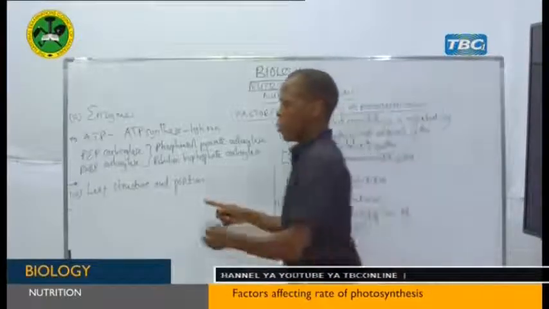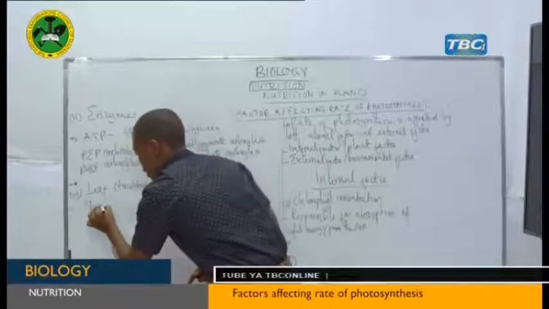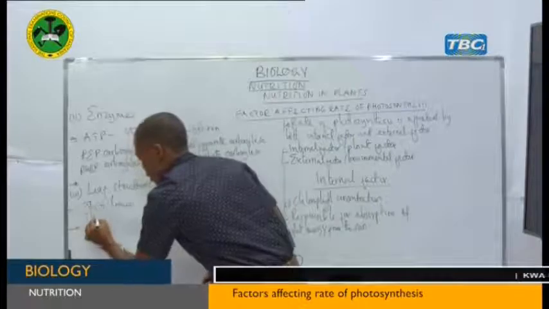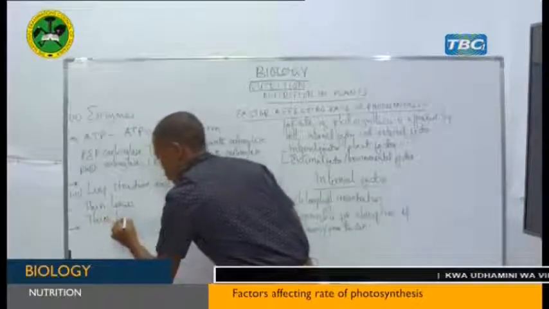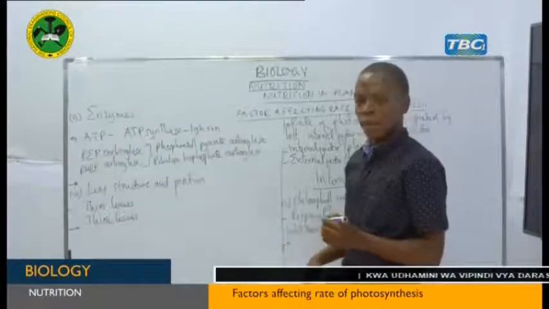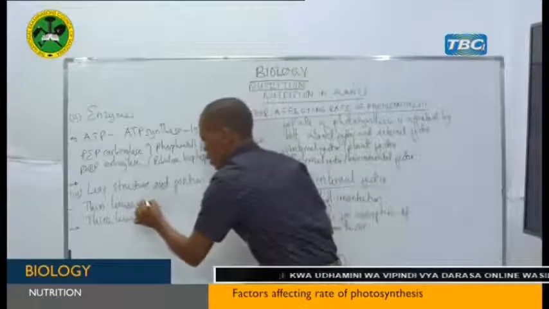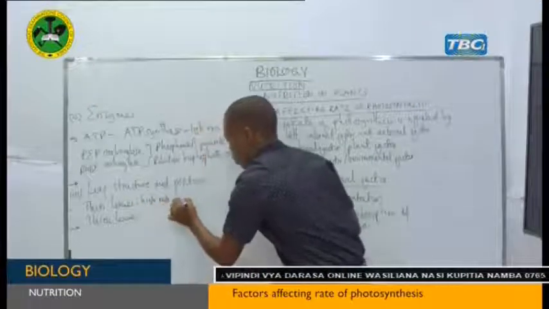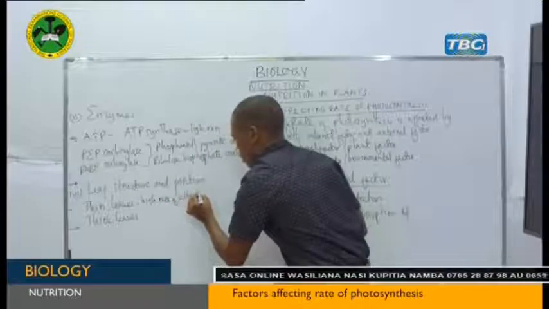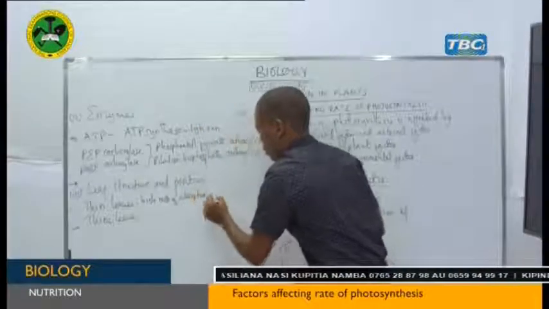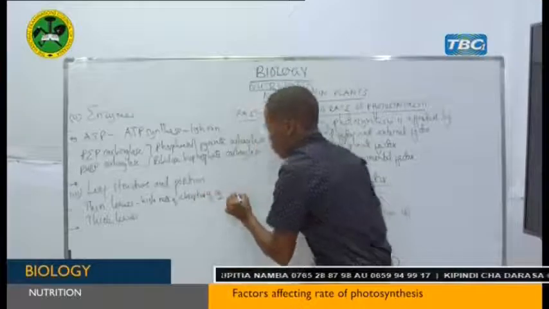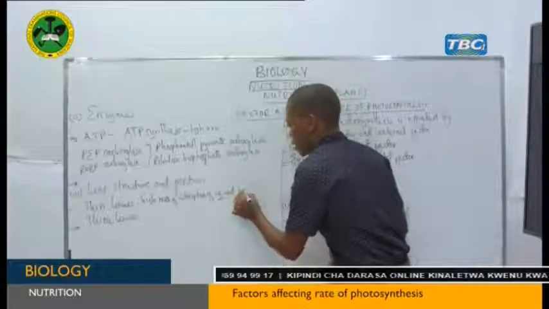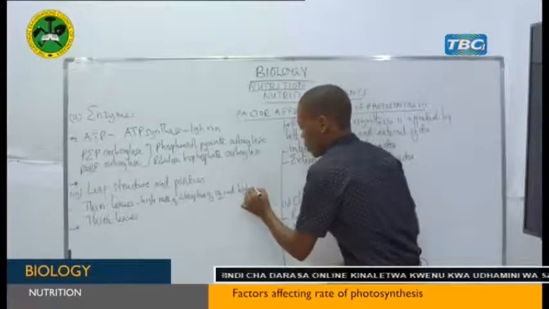As I said, here we have thin leaves and thick leaves. The thin leaves have a high rate of absorption of carbon dioxide, but also a high penetration rate of light.